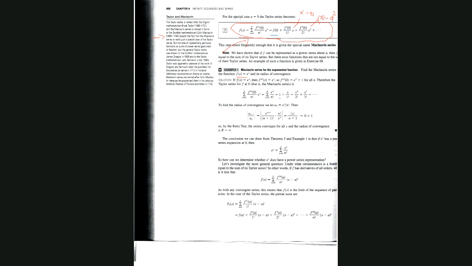If our function is e to the x, f prime of x is e to the x, so f prime of 0 would be 1. So they don't show it, but there's a 1 x over 1 factorial. And in fact, all the derivatives of e to the x are e to the x. So when you evaluate those derivatives at 0, all the derivatives are going to equal 1.